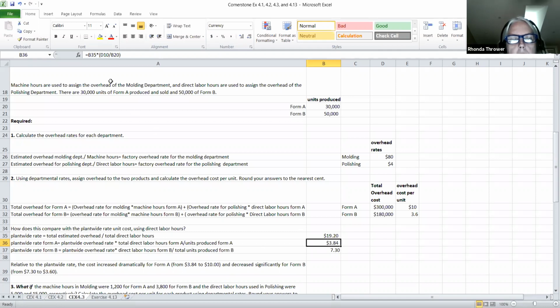We're going to multiply that by the total direct labor hours for Form A, and that was given, and we're going to divide it by the units produced of Form A, which was also given. So you go back up to cell address D10 and divide it by B20 to get the plant-wide rate.